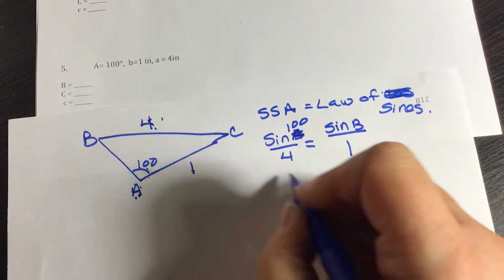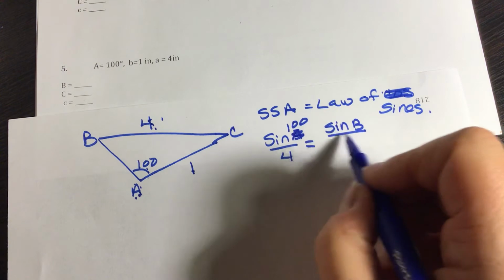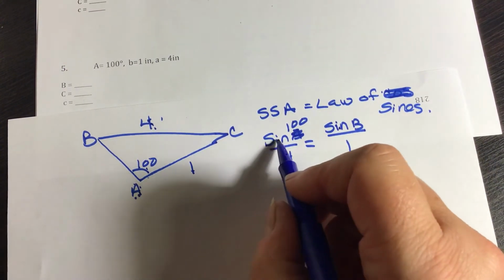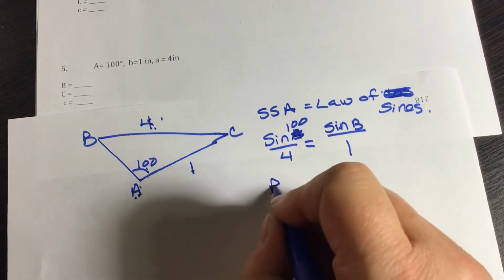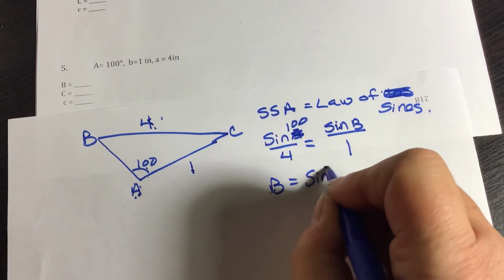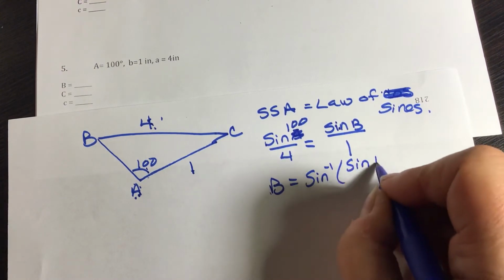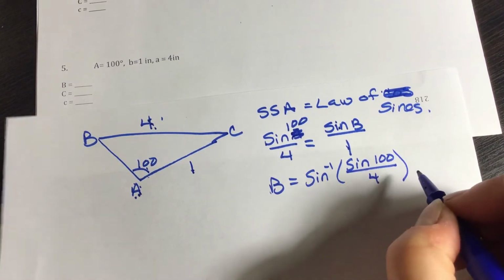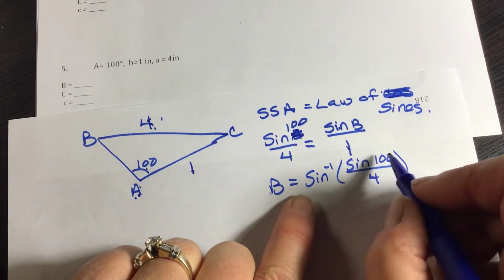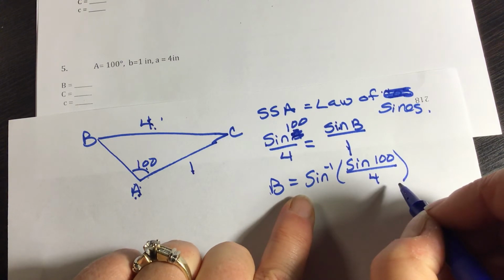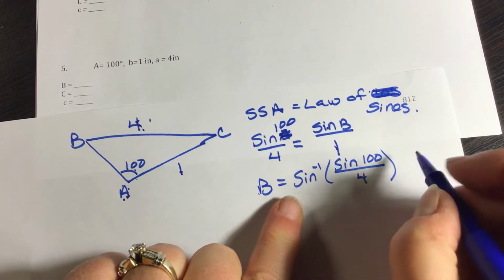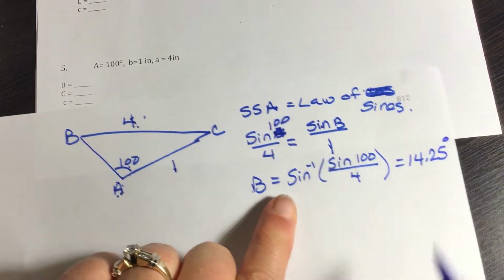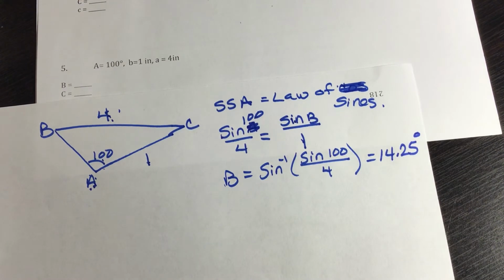So to find the angle B, I'm going to do inverse sine of sine 100 divided by 4, because that's sine 100 times 1. So inverse sine of sine 100 divided by 4 is 14.25 degrees.